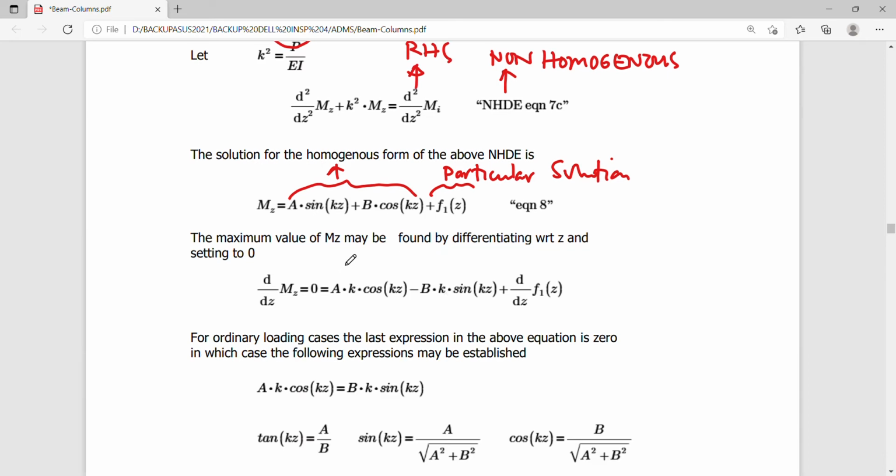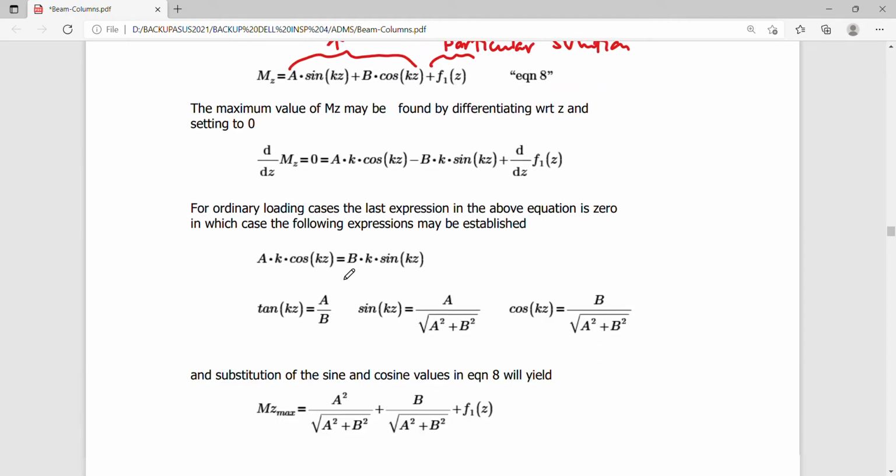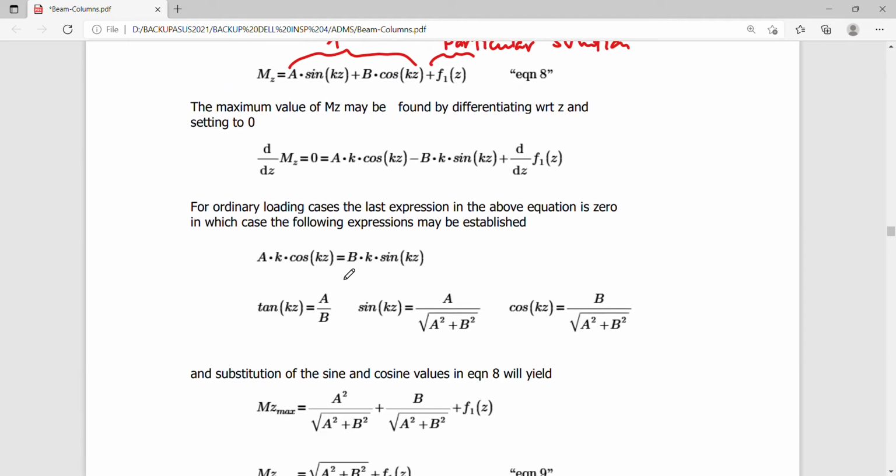So the maximum value of Mz may be found by simply differentiating with respect to z and setting to 0 to get the value of your coefficients.